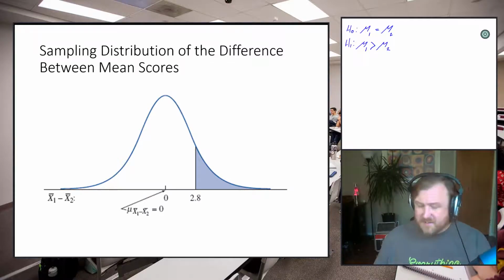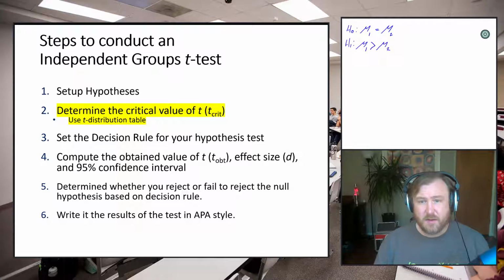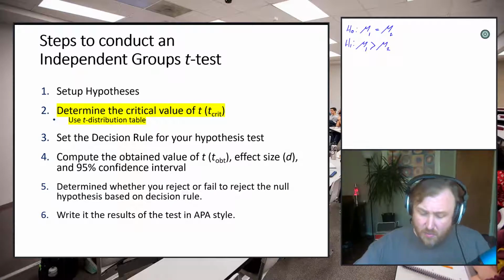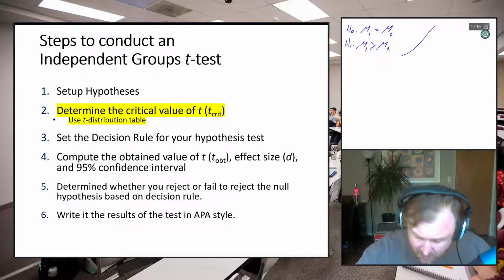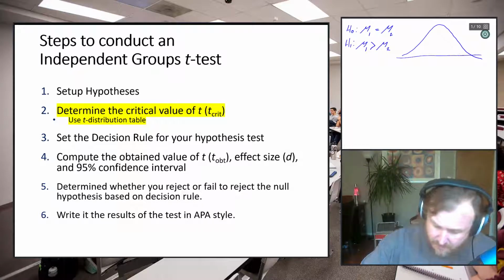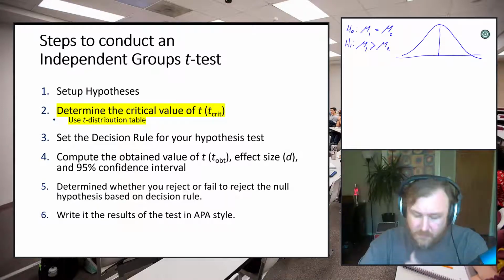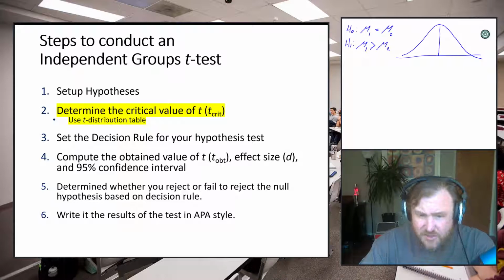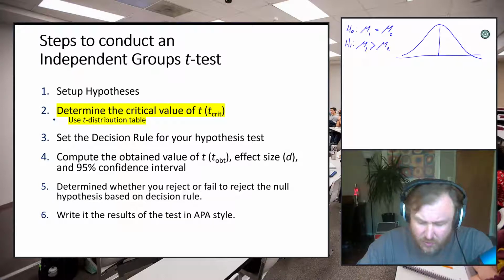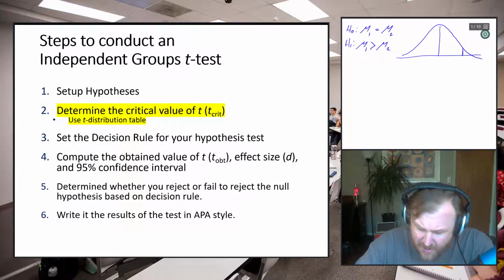So the next step is we need to determine the critical value of t. Before we do so, we should always draw out our normal distribution. This is a directional test where we're looking greater than, so we're looking up here.